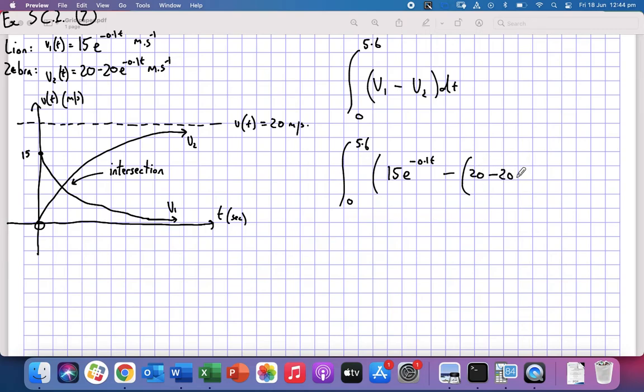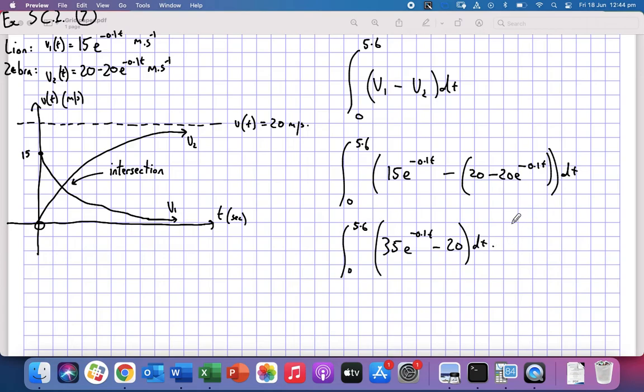Note the use of brackets. And so when I actually calculate this integral, I'm going to have 15 of these e's minus 20. I'm going to have 35 of them. Right? Minus minus becoming plus, or minus and negative, I should say.